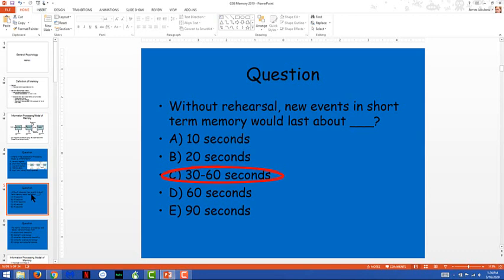So for example, you could tell them to start counting backwards from 352 by sevens. Now they just were given 10 words, maybe 10 words of grocery items, bread, butter, peas, milk, so forth, whatever it might be. And then you give them a number and say, start counting backwards by sevens from 352.